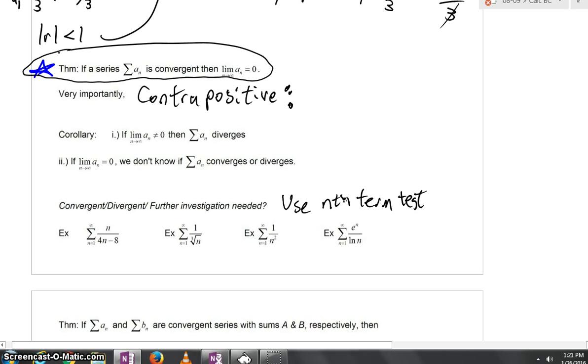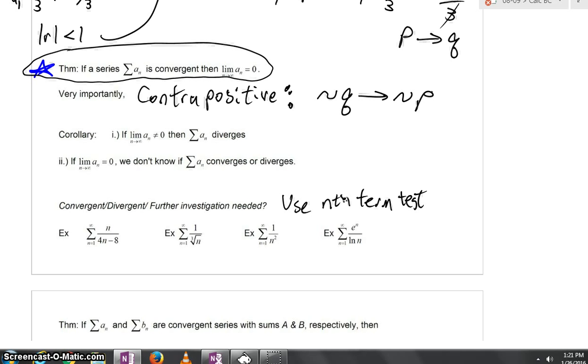You guys remember the contrapositive back in geometry? If you had a statement P implies Q, what's the contrapositive of it? You guys remember? Not Q implies not P. And you actually can use that in logic courses like philosophy and all. It goes beyond math. If a statement is true, its contrapositive must be true also.